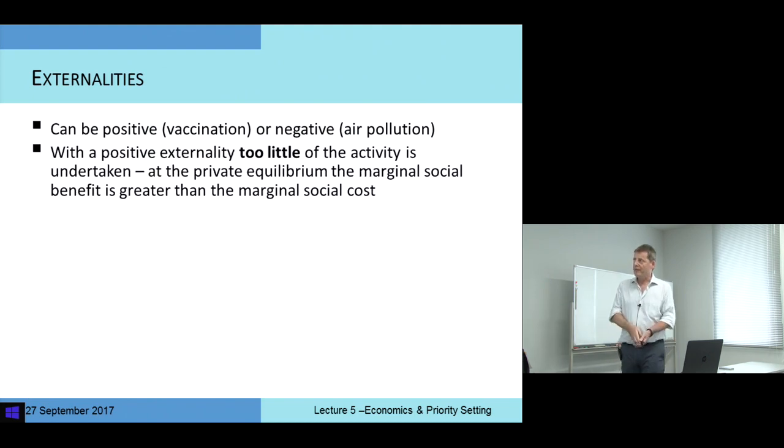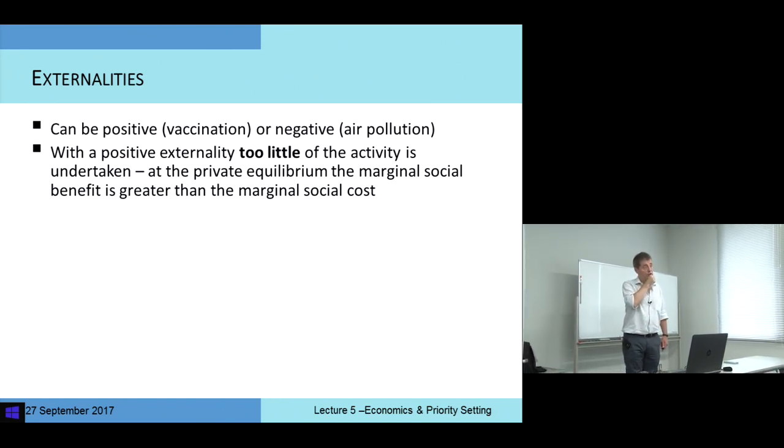Right, with a positive externality, too little of the activity is undertaken. There's not enough of it. At the private equilibrium, at that point that we'll get to, if we just leave it to the market and to individual decisions of consumers and producers, the marginal social benefit is greater than the marginal social cost.